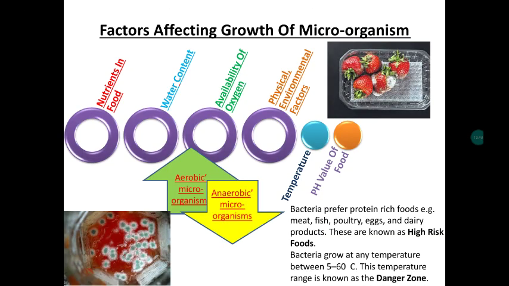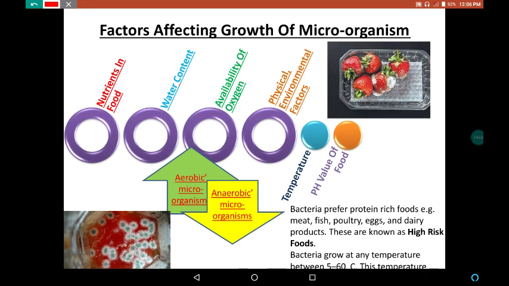Next are the factors affecting growth of microorganisms. Food is spoiled due to microorganisms, so what factors are responsible for their growth? There are a few factors. First, nutrients in food. Presence of easily utilizable nutrients encourages faster growth of microorganisms.